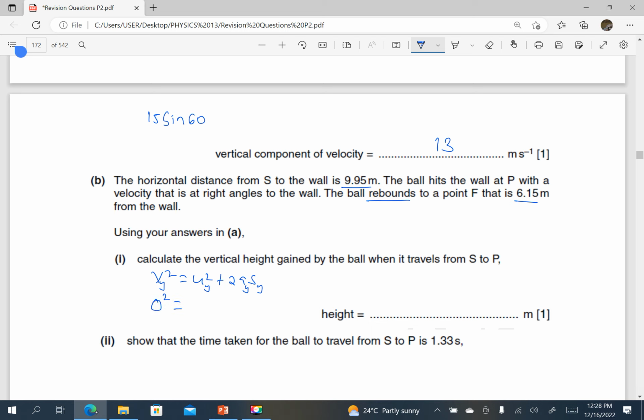So 0 squared is equal to initial in the vertical, we have calculated it as 13 squared. Since it is moving against gravity, that will be minus 2 times g, which is 9.81, times the vertical height. So we get h.